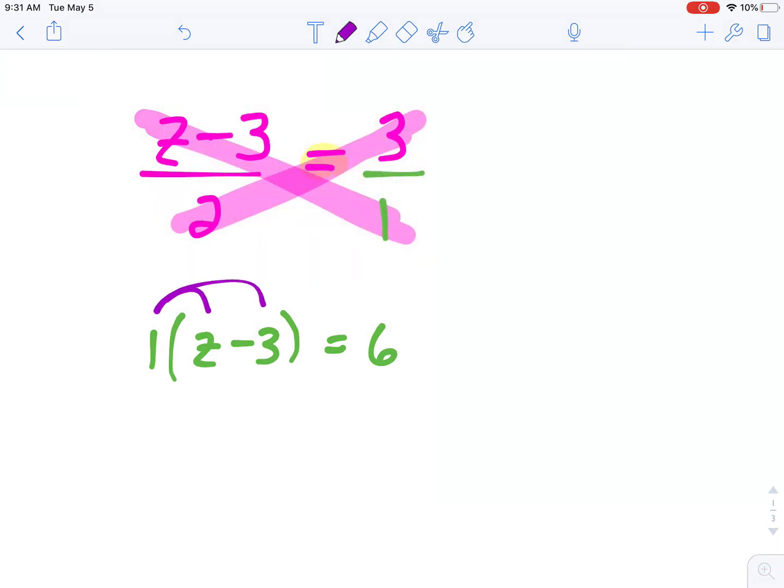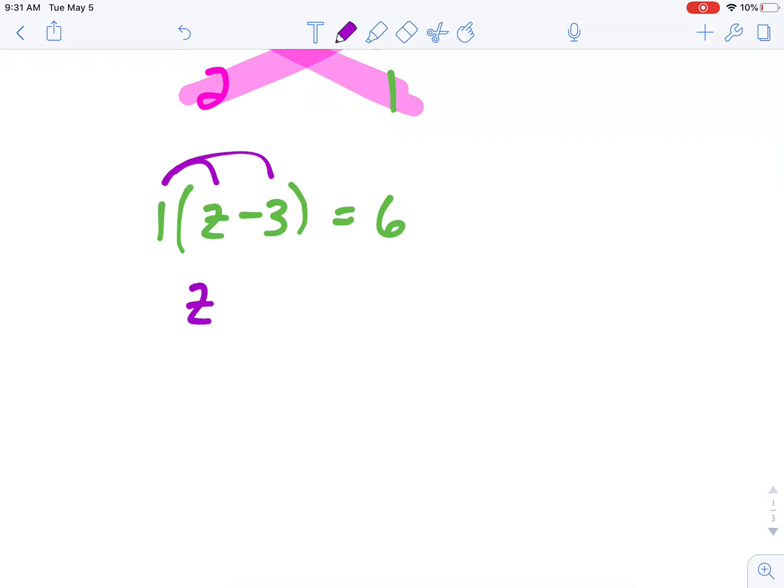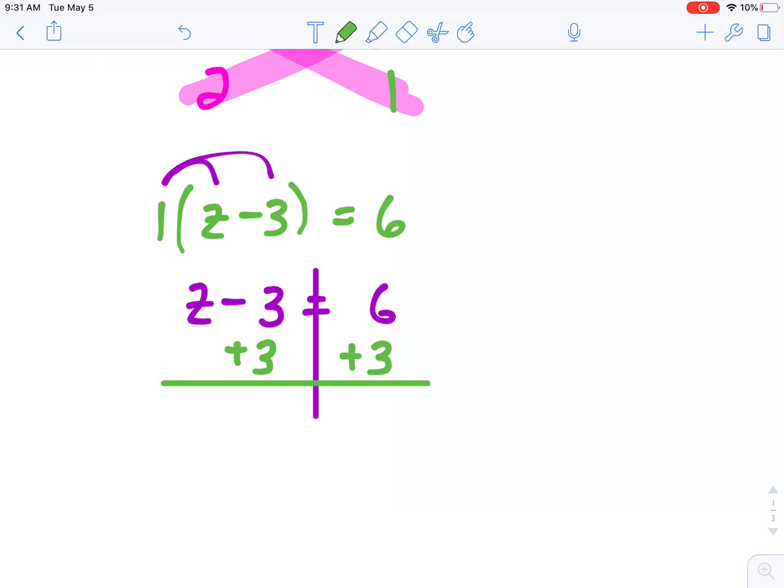Distributing 1 won't change the problem, so we'll have 1z minus 3 equals 6. Getting z by itself, we are going to add 3 to both sides, and z equals 9.